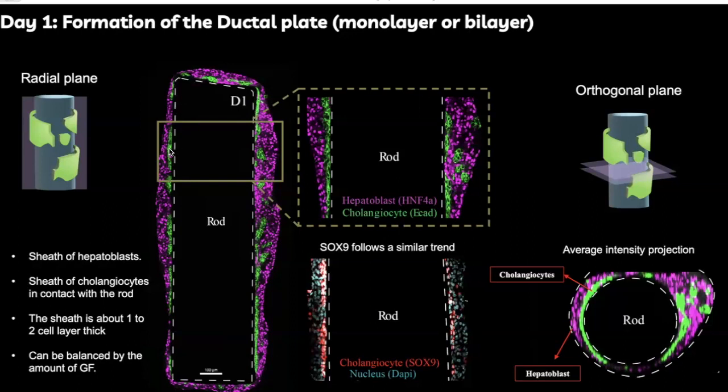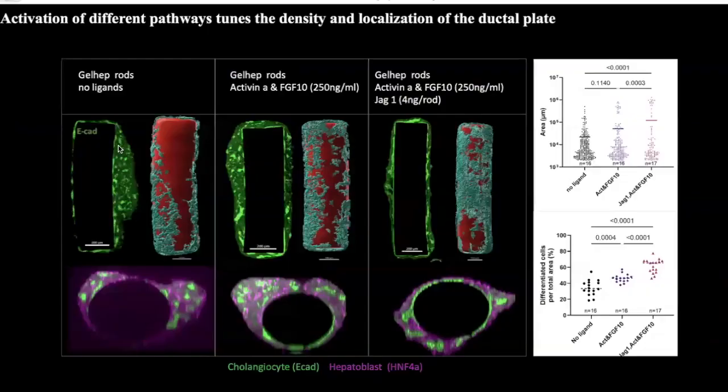So you have this monolayer of cholangiocytes lining the rod, and then you have these other HNF-alpha positive cells, which are like the hepatoblast. And they are SOX9 positive, they are dappled here. Okay, so that's really mimicking the sort of initial stage where you're creating a ductal plate around that rod.